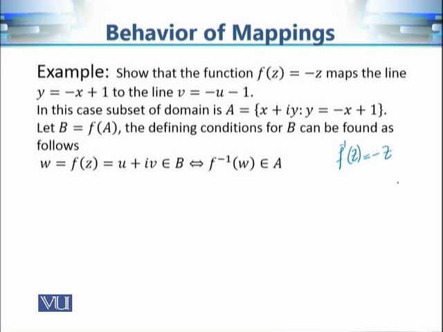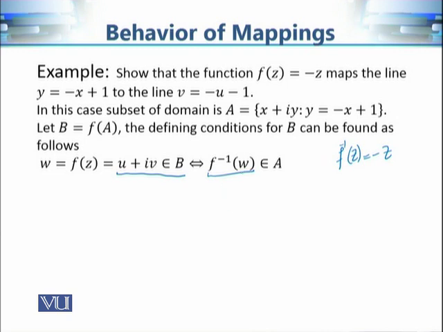So they are inverses of each other. Now we want to calculate what are the points u plus iota v such that they belong to the image B, where B is equal to f of A. This is only possible when we apply the inverse on this w and we get points of A.